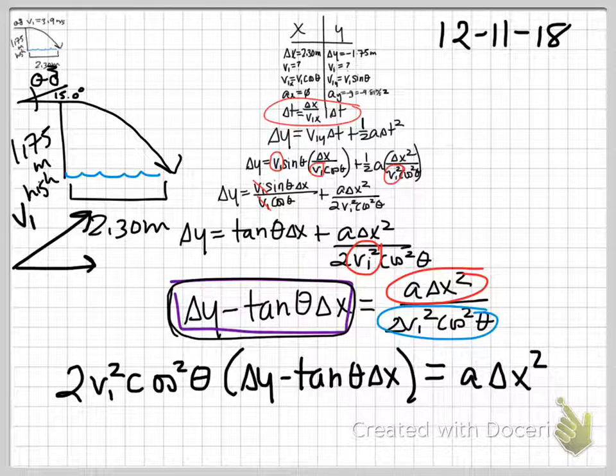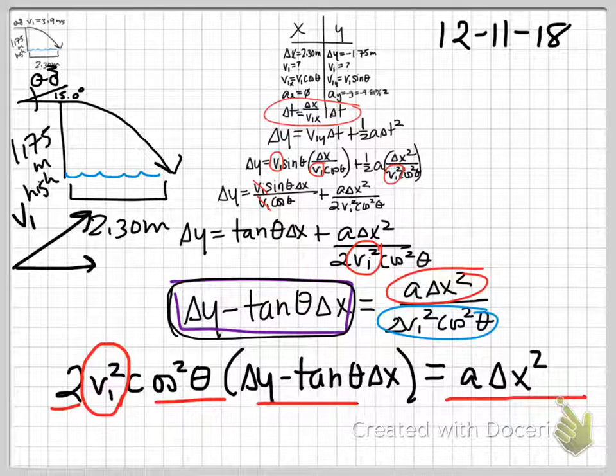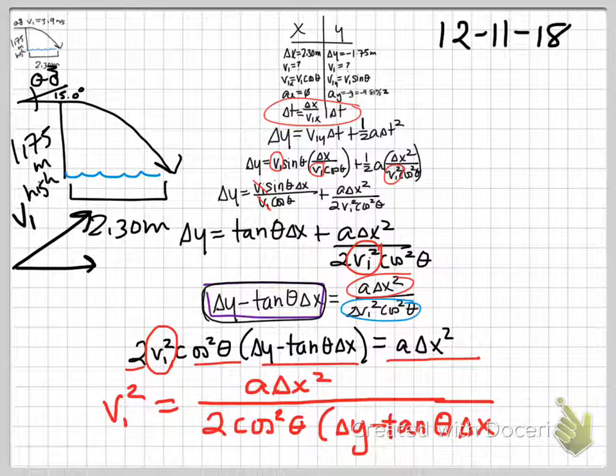You can divide, so if we remember that vi is what we want, you can divide A delta x squared by every other thing over there. Easy peasy. So we have, okay, vi squared equals A delta x squared over 2 cosine squared theta times quantity delta y minus tan theta delta x.